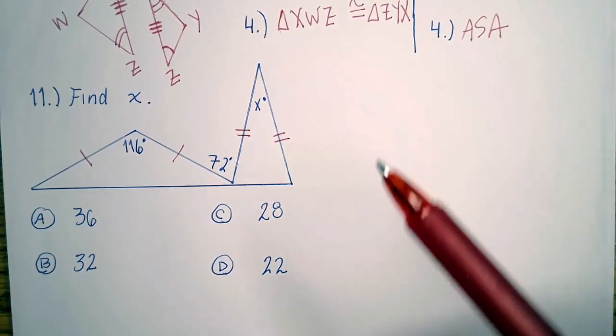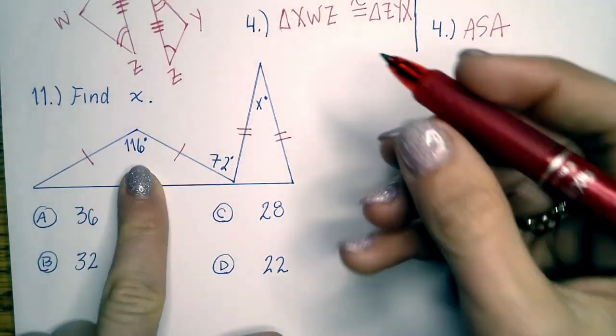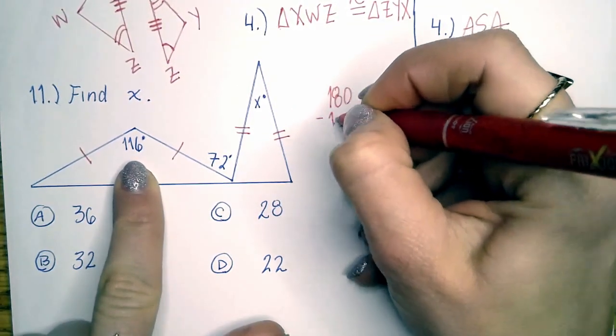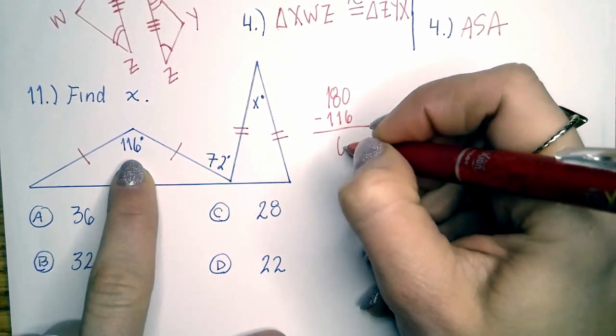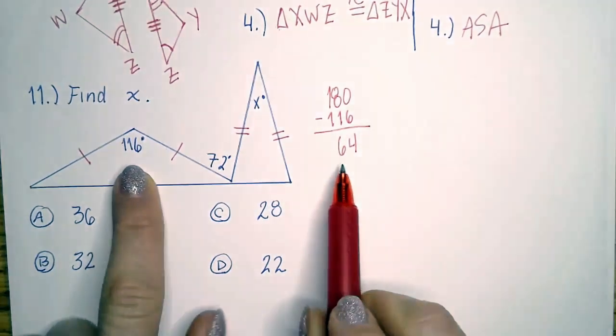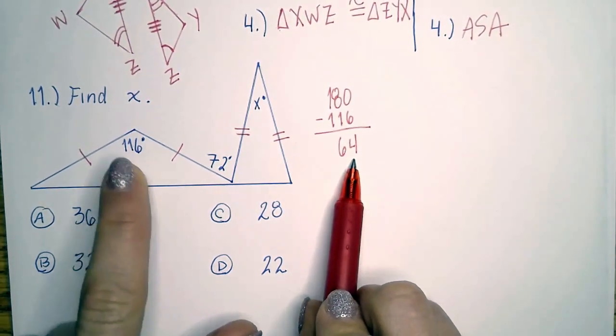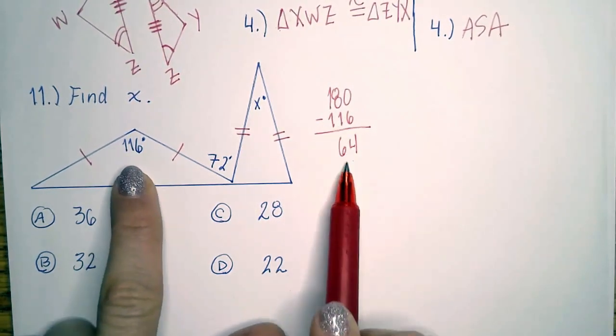Ellie. Okay, let's say 180 minus 116. From there, Isaiah, after I subtract 180 and 116, I get 64. Why did Ellie have me do that? She did 180 minus 116. Why?